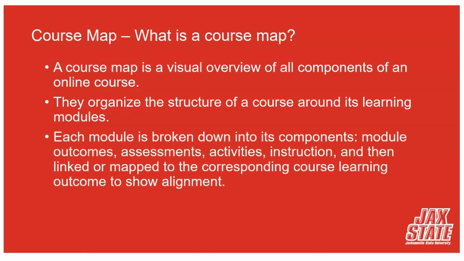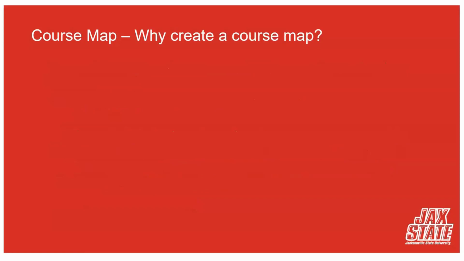The same components, regardless of whether you name it a module or a unit or a topic or a week, all have module outcomes that are connected to course learning objectives. They have assessments, your instructional materials, any kind of activities, and they're all mapped to show alignment. And they use backward design. So that's where a course map connects.